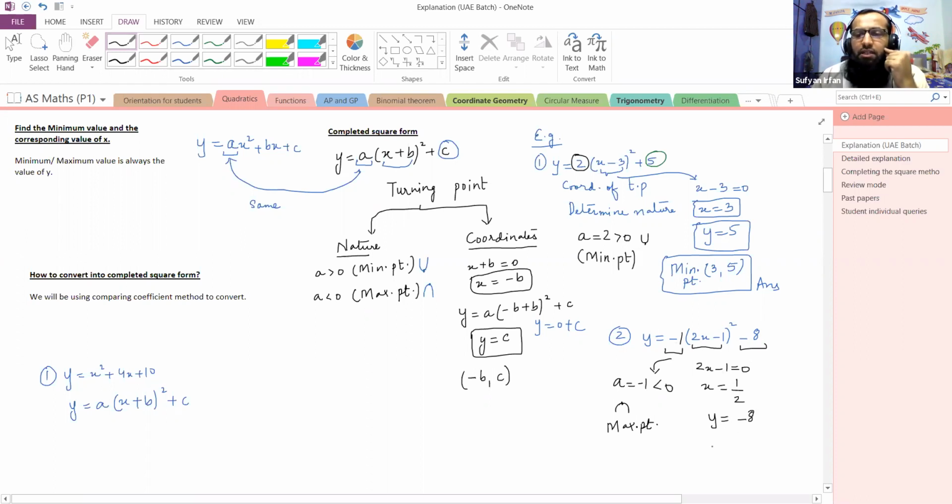Y is negative 8. So the coordinates are half comma negative 8, and the nature is a maximum point, right? All those who made a mistake, have you been able to connect it now and see how I explained this?